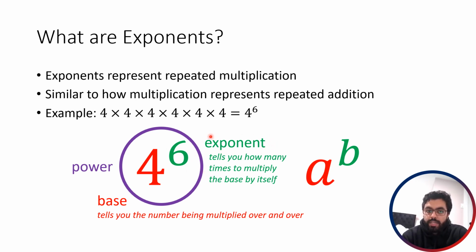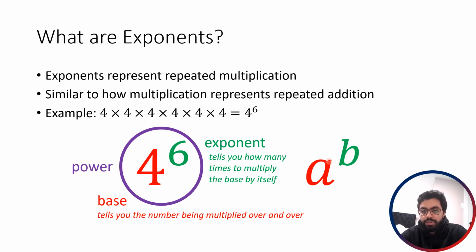It tells you how many times to multiply the base by itself. In this example, our base is 4, so we're multiplying a bunch of 4s together, and the exponent is a 6. So there's going to be 6 instances of that base with multiplication signs in between.